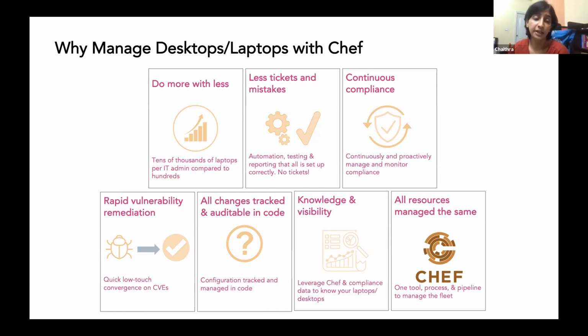And this would also end up with fewer tickets, and you would spend less time catering to these ad hoc tickets, right? And then you can achieve continuous compliance and remediate your non-compliant devices as well. And all changes are tracked. Every change that you make, right from the time that you create a cookbook and a recipe, and any changes that you make to your cookbook, everything is tracked.